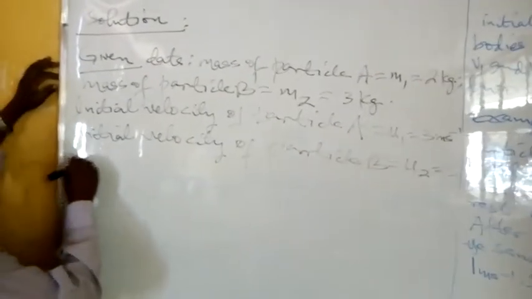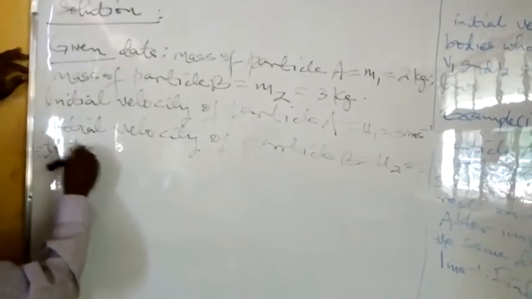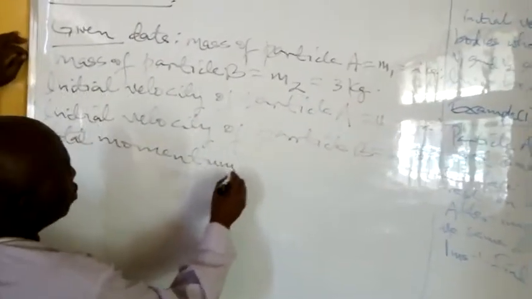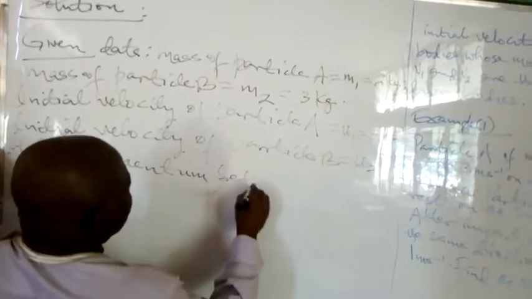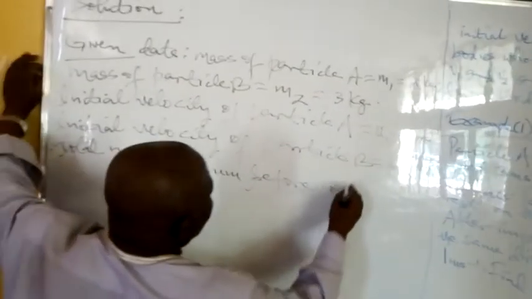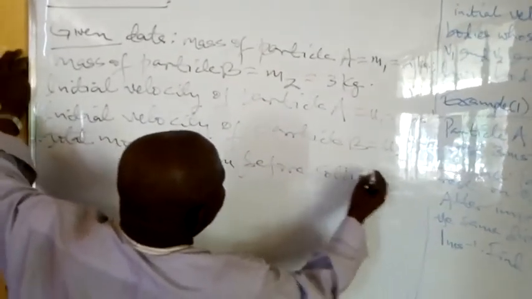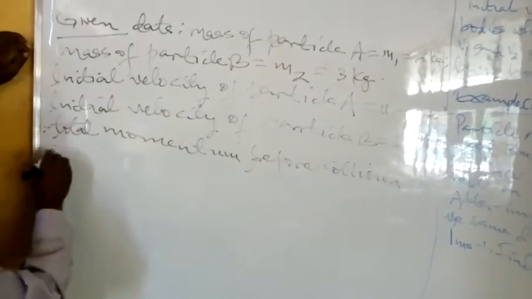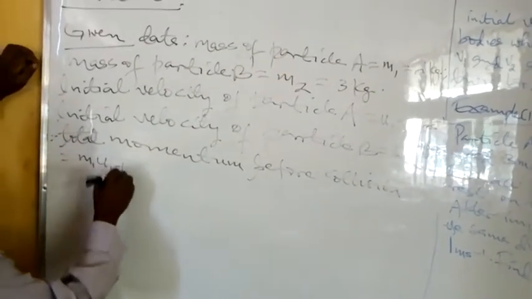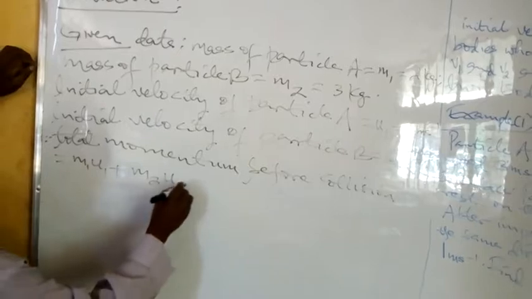Now, total momentum before collision is equal to m1u1 plus m2u2.